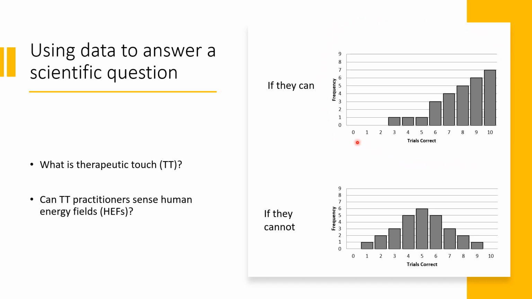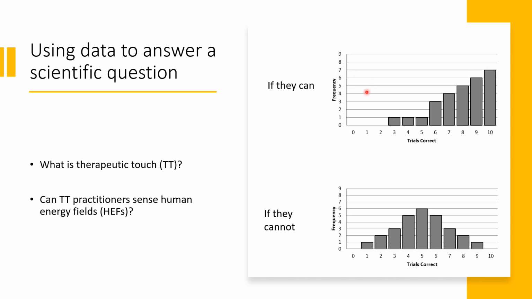Again, participants have a chance to be right 10 times. Of course, they have a chance to be wrong 10 times as well. So the number of possible correct answers they could get ranges from 0 to 10, and that's what these numbers are down here. The height of the bar indicates the frequency of that response.